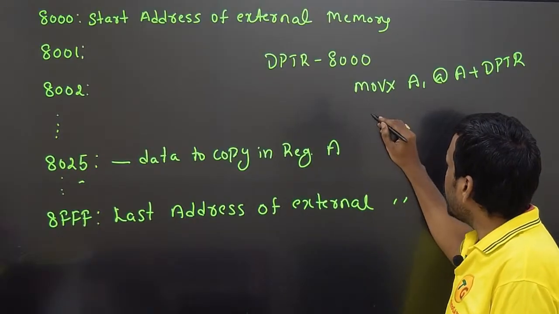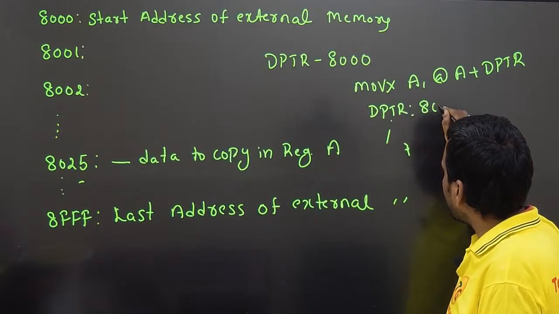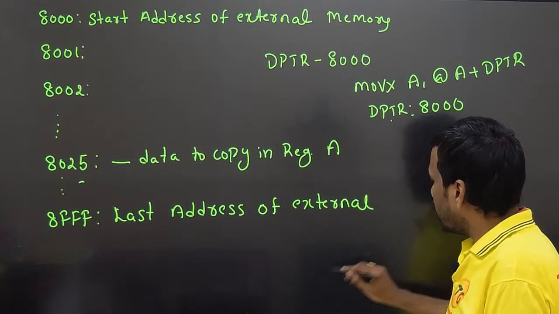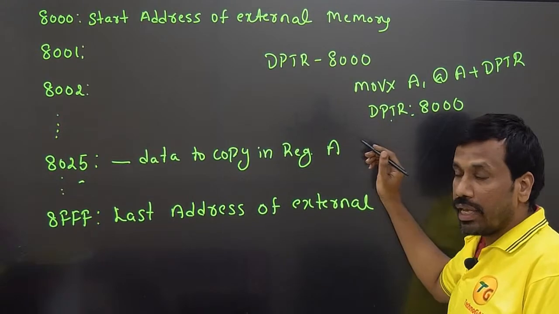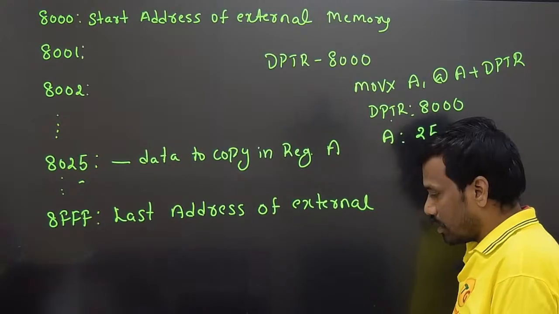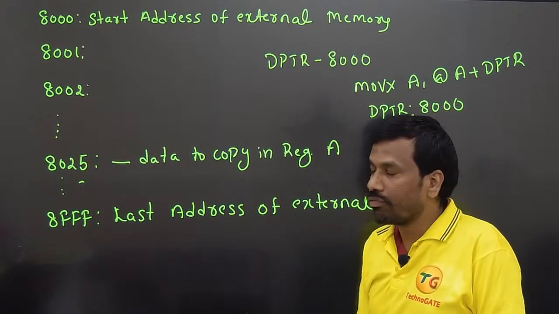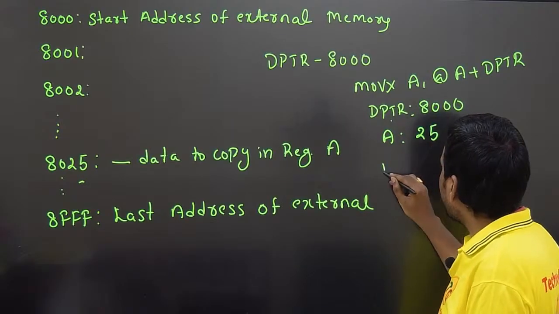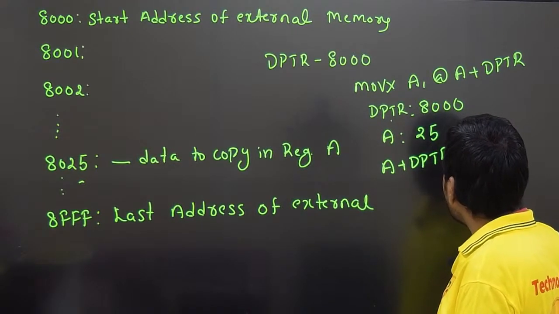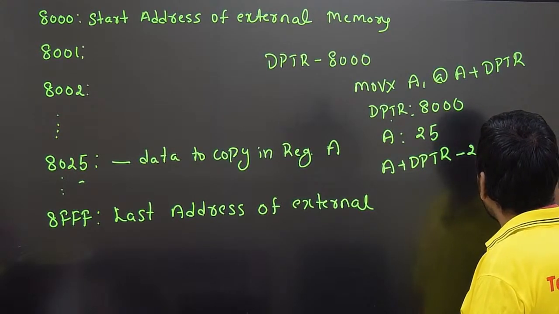So what is DPTR? DPTR means 8000. DPTR is 8000. Okay. And what is A? 25. A is 25. DPTR 8000 and A is 25. Now what you will do? A plus DPTR. So 25 plus 8000.